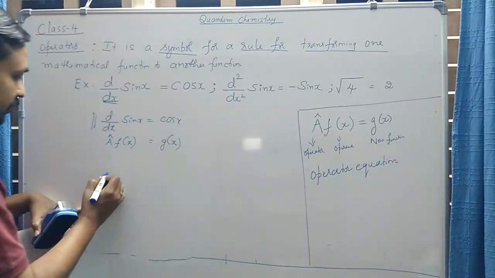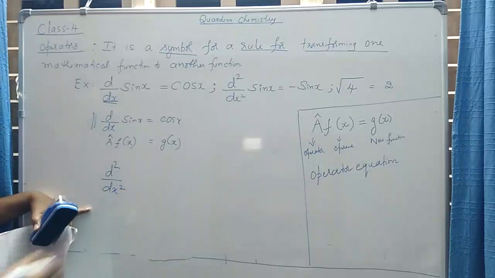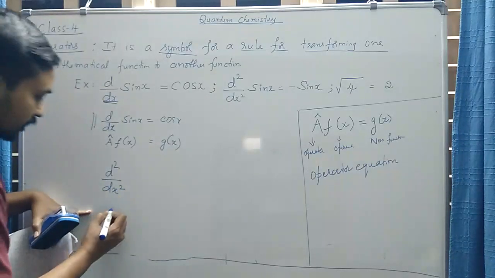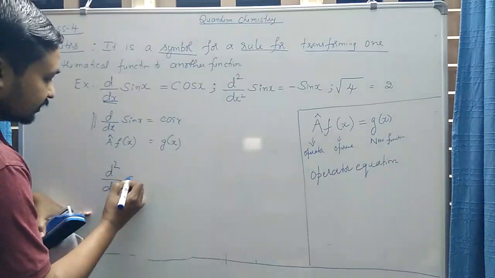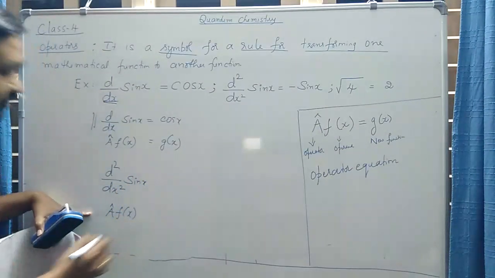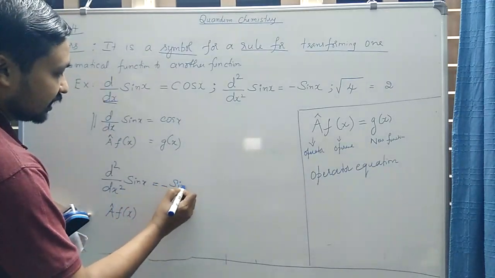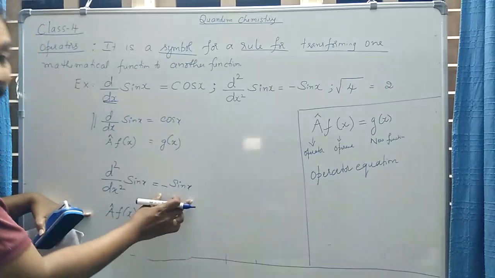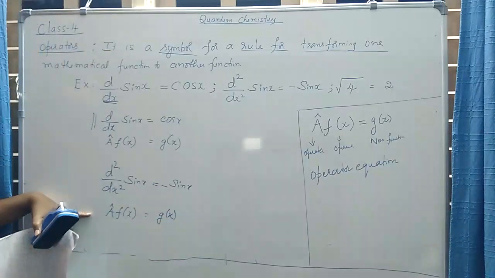If I take the second example, the operator changes, d square by dx square. Now this is operator A, sin x, the operand f of x, is equal to minus sin x. And minus sin x together, now I will take it as g of x.